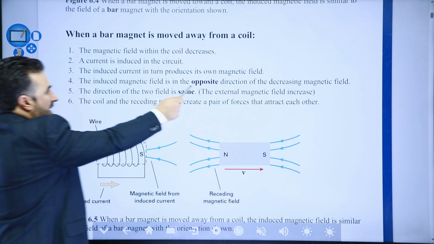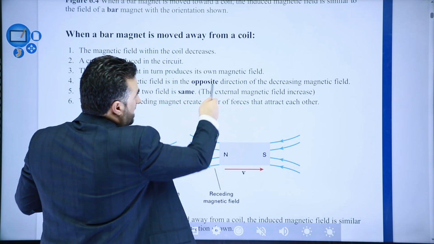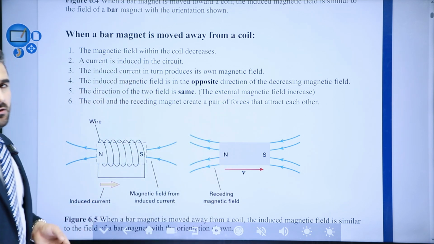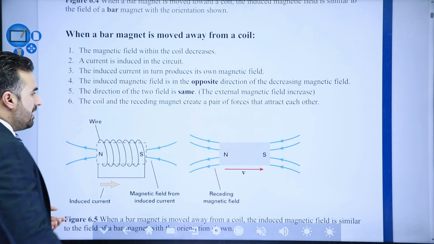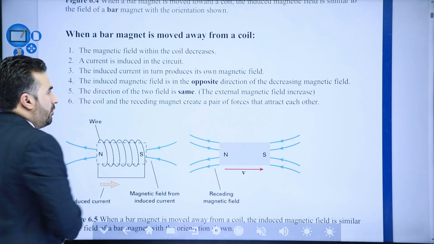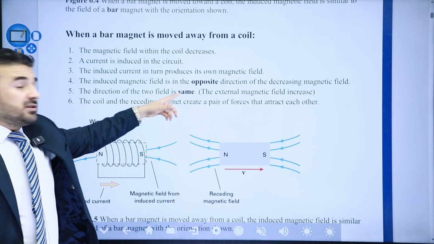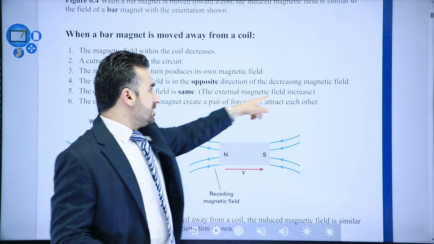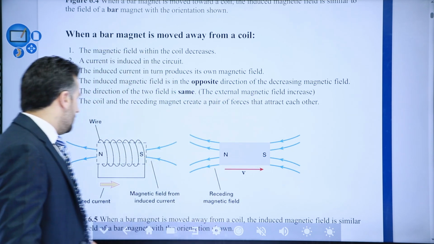And then the induced magnetic field opposes, by the way, it's opposite in direction to the decreasing magnetic field, which means that the direction of the two fields will be the same. If that is the case, the external magnetic field will increase.